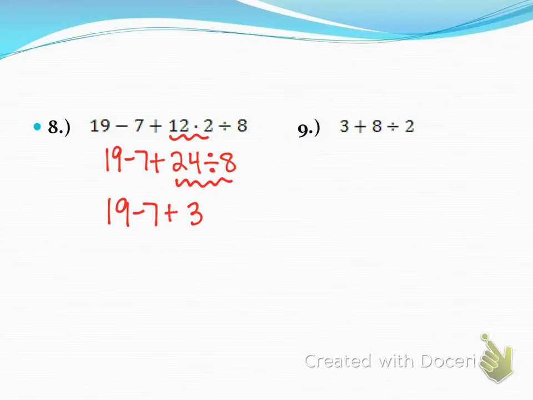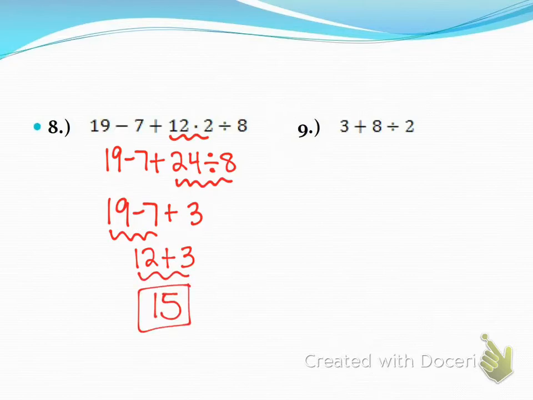They have the same weight. They have the same seniority, however you want to think about it. They are the same, but we have to do them from left to right. So that is why 19 minus 7 has to happen first. And what do we get? 12. And then 12 plus 3 is 15.